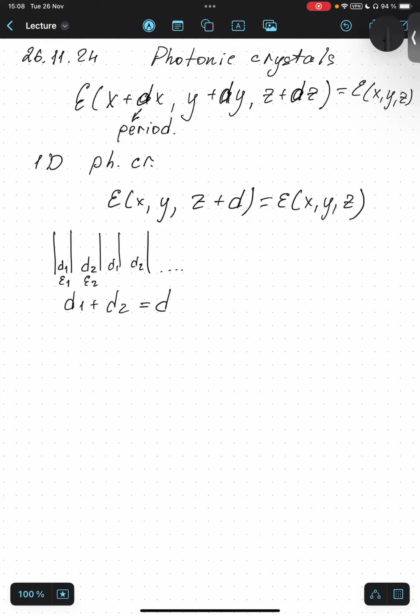To study such periodic systems, we must use the Bloch theorem. Most of you should know already something about the Bloch theorem, but I will just remind you.